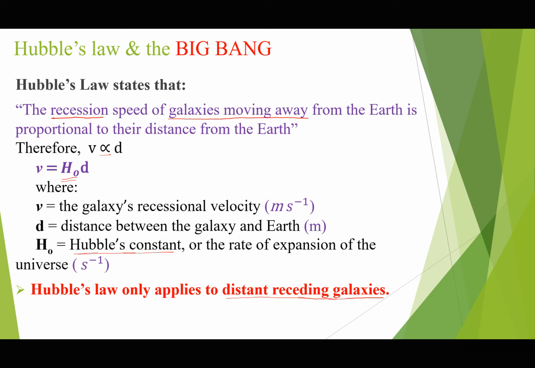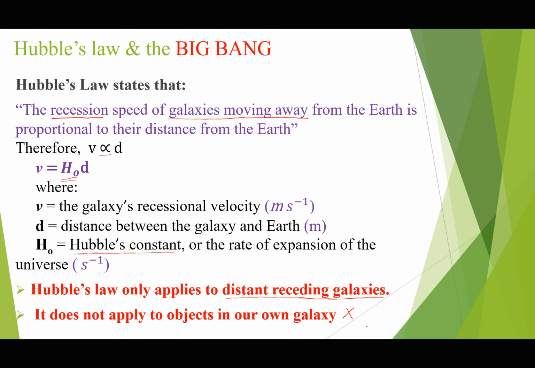Distant. If we apply Hubble's law to our own galaxy, the distances involved are still smaller and the speeds involved are still smaller. We may not observe any changes for smaller distances within our own galaxy. So I am saying we should never apply Hubble's law to any object within the Milky Way galaxy, which is our own galaxy. Every time we apply Hubble's law, we are referring to objects in other galaxies, or to distant galaxies.